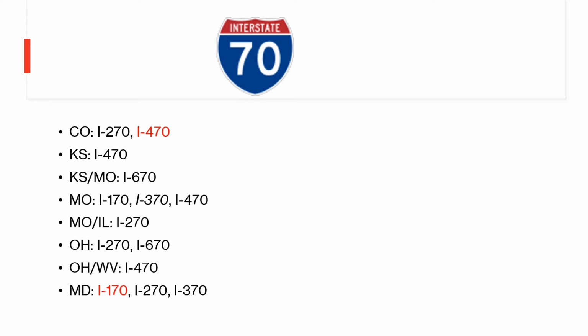Now, interesting fact about I-470 through Ohio and West Virginia. It's the only 3-digit interstate in the state of West Virginia, and that's up in Wheeling, West Virginia, on the very tip of West Virginia.